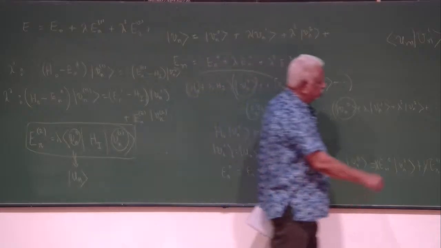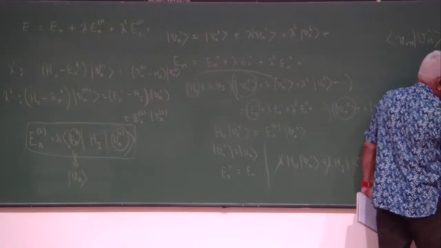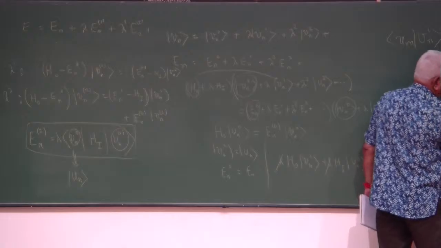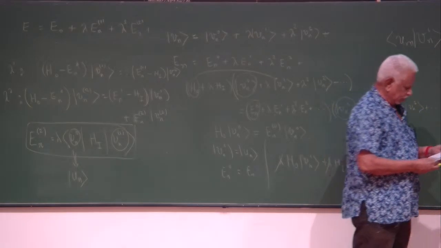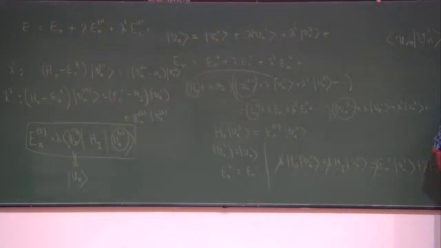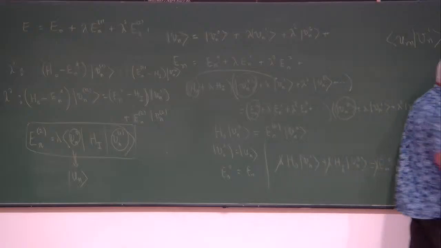Vn1 expanded in the basis of the previous basis is equal to Um Hi Un divided by Em minus En, up to zeroth order.